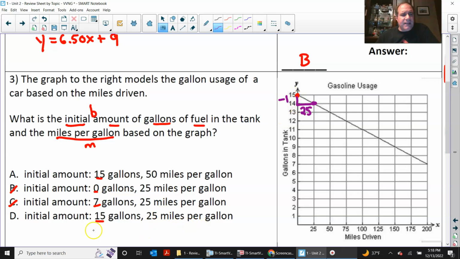So that's 25 miles per gallon. That's the reason why it's D. It is not like you're going 50 miles per gallon. You're going 25 miles using a gallon. All right, so that's about it right there, and D is your answer.